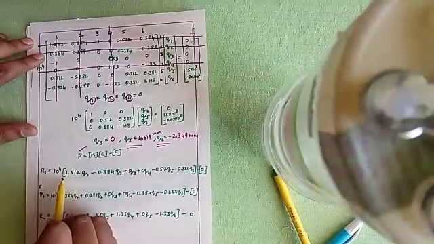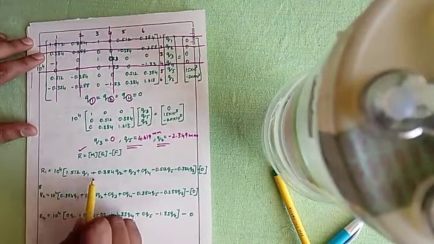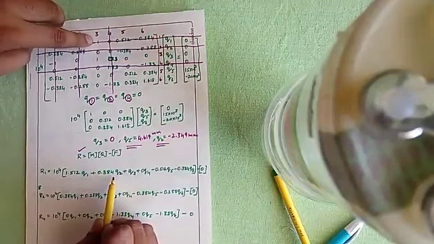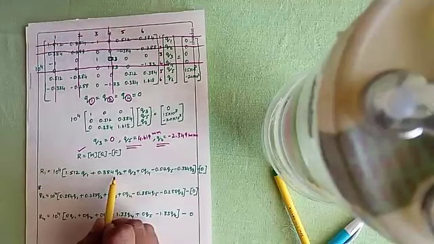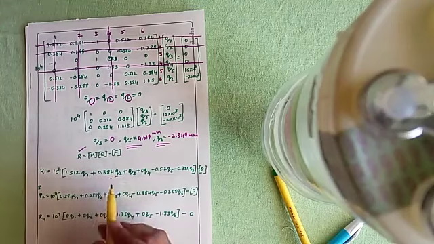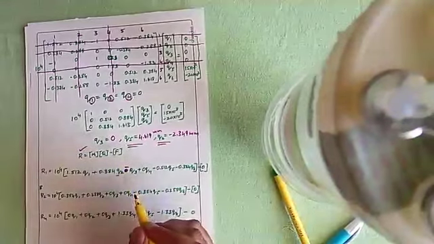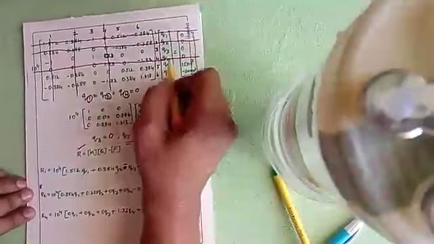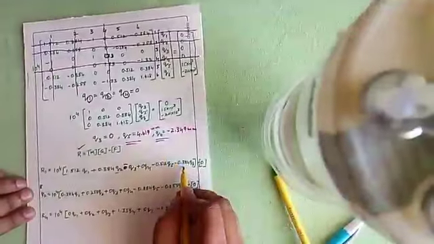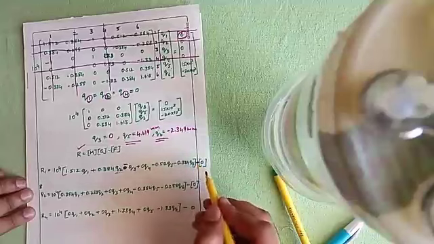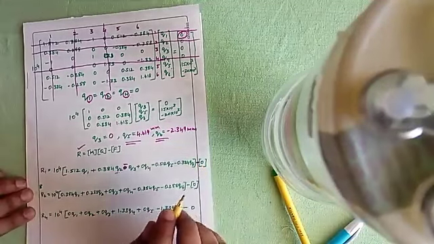So for the first row, 1.512 into Q1 plus 0.384 into Q2 minus 1 into Q3, yes it's minus 1, so this becomes minus Q3, and 0 into Q4, 0.512 into Q5, minus 0.384 into Q6, minus whatever force is acting in the first row, which will be substituted here.